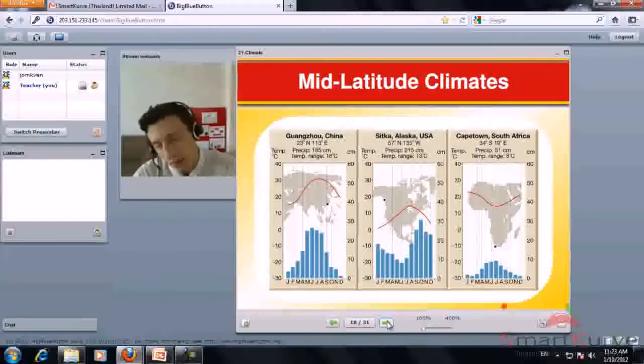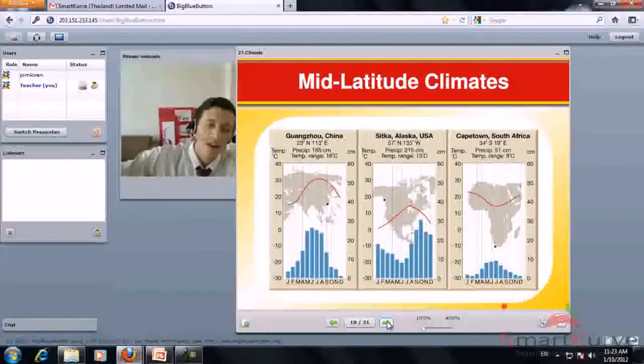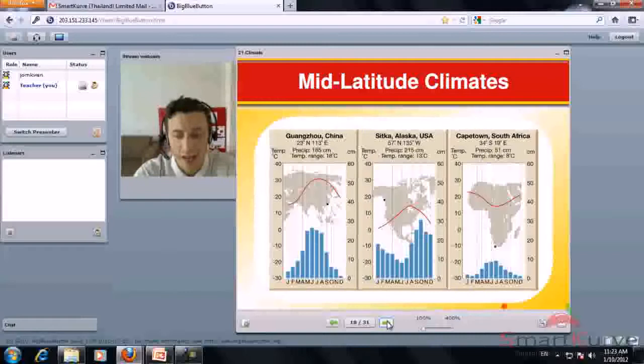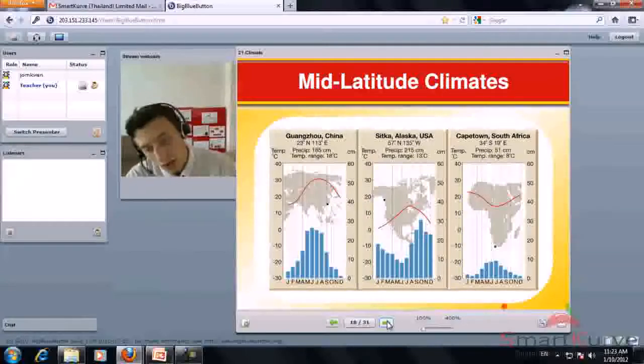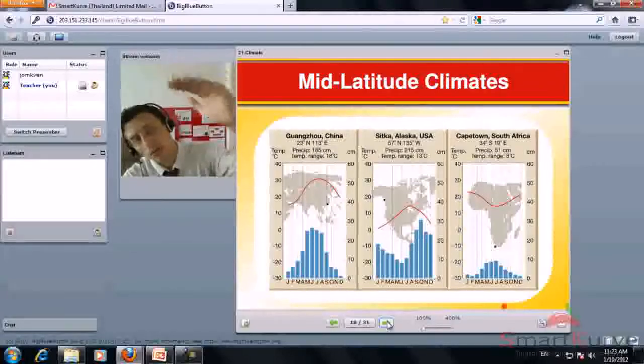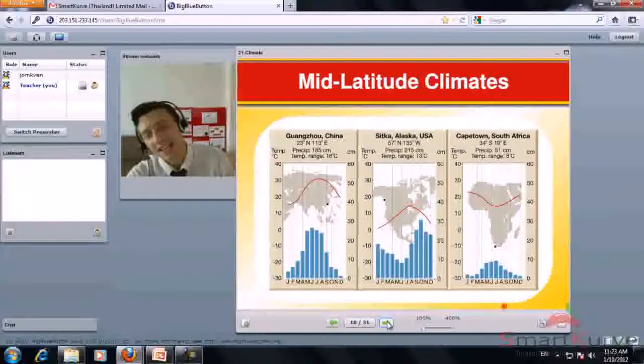Our spring and early summer is actually the driest time of the year. And that early fall moving into late fall is our wet time of the year. So in China, we get a very wet early summer before the temperature peaks. And in Alaska, we have our wet months in September and October after the temperature peaks.